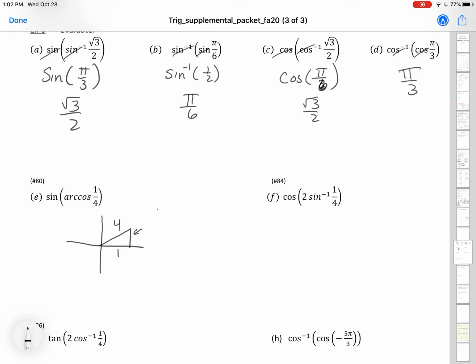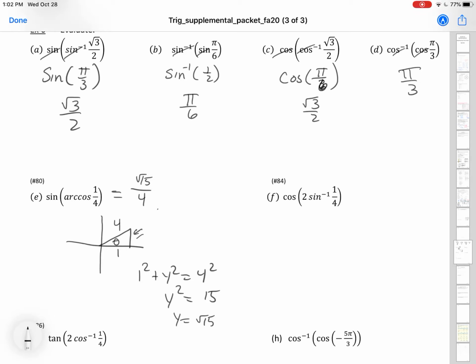So I need to solve for this side in order to determine the sine of that angle, because essentially I'm not able to find that angle, but the sine of that angle would be, right now I know what the answer is, it's something over 4. Well, what is that something? Well, 1 squared plus y squared is equal to 4 squared, or y squared is equal to 15, or y is equal to root 15. So it's root 15 all over 4, and we're walking away.